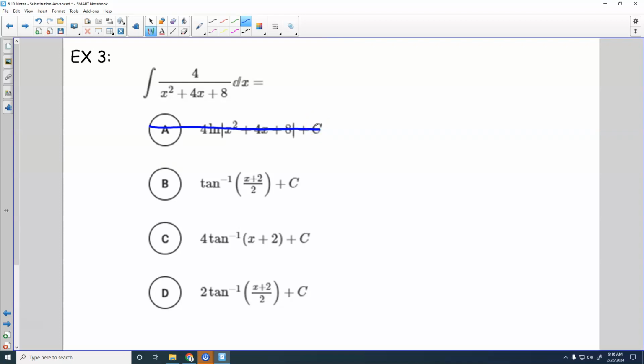And based on our answer choices, which inverse trig does it look like we're going to have? Tangent. So the formula for tangent is the integral of du over a squared plus u squared, which is going to equal 1 over a times, I'm going to use inverse tangent notation since that's what they use here, inverse tangent of u over a plus c.